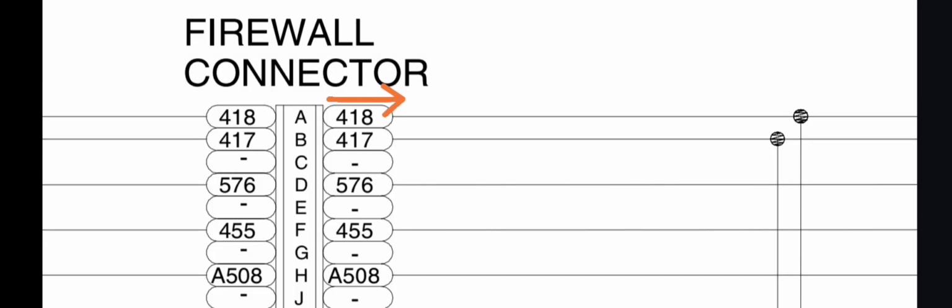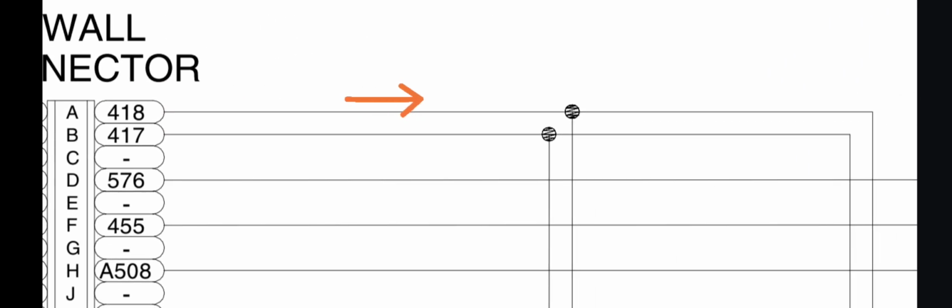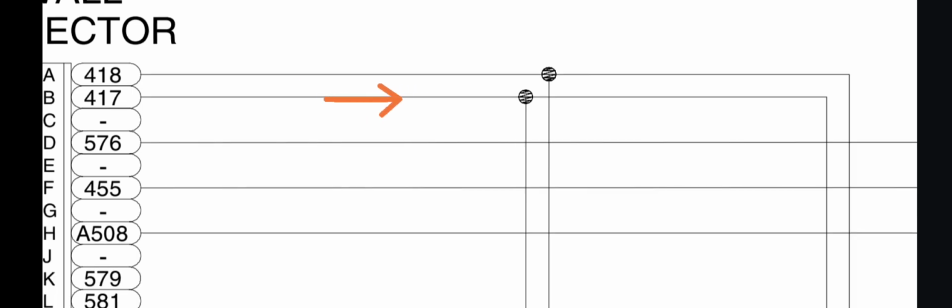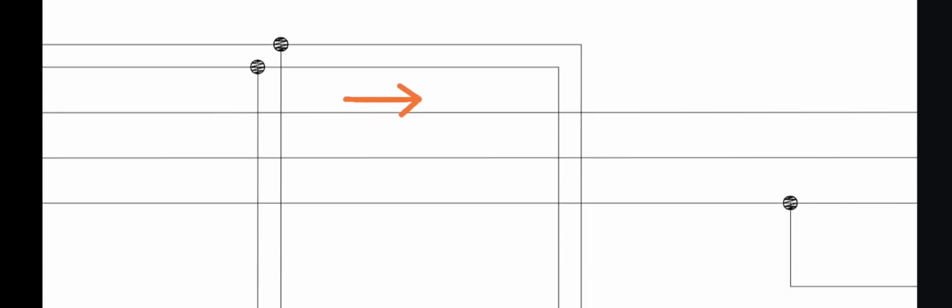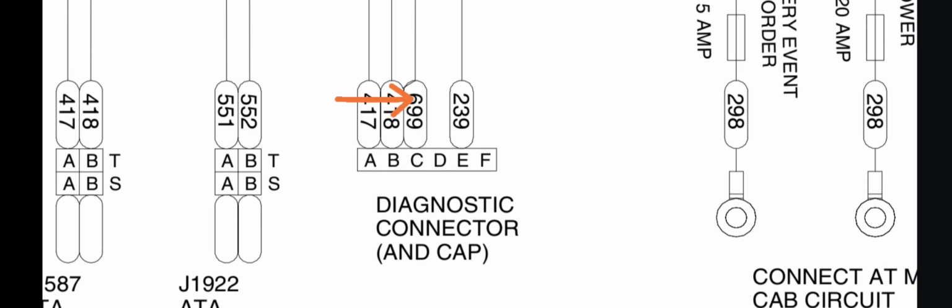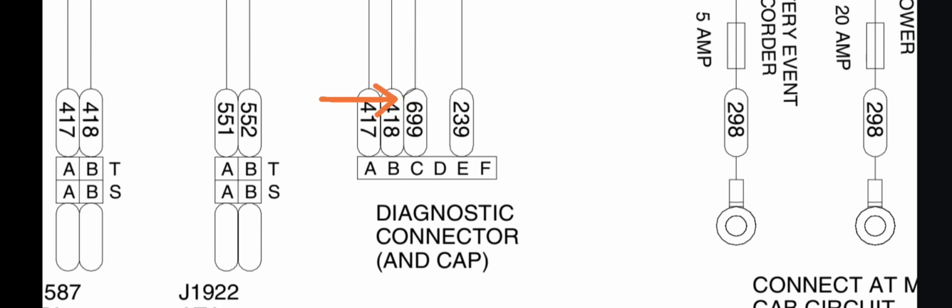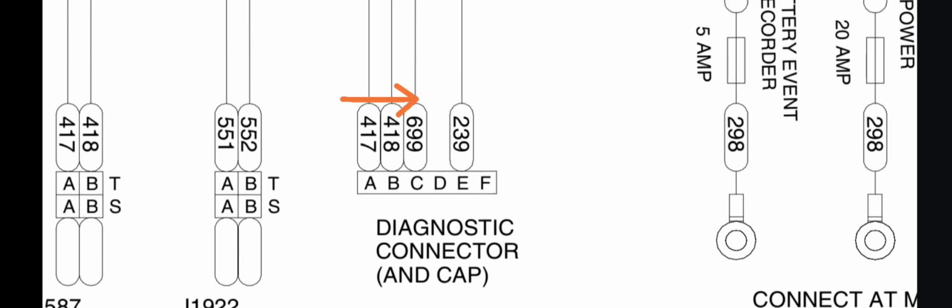Wire 418 comes out from pin A and goes directly on, where two wires are spliced. Finally, following the 418 wire, it comes down and connects to the diagnostic connector and end cap.